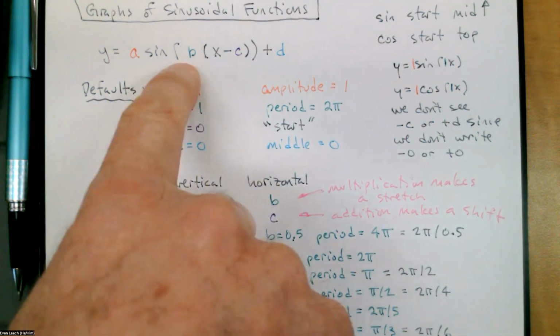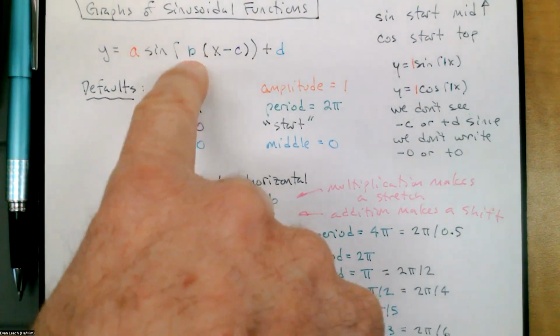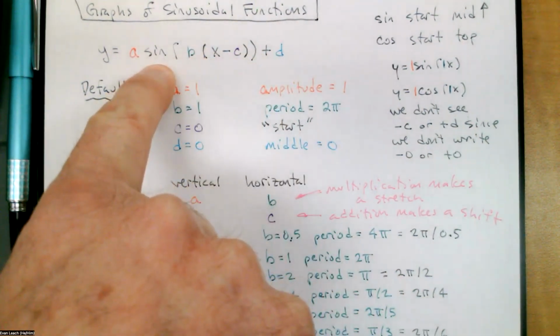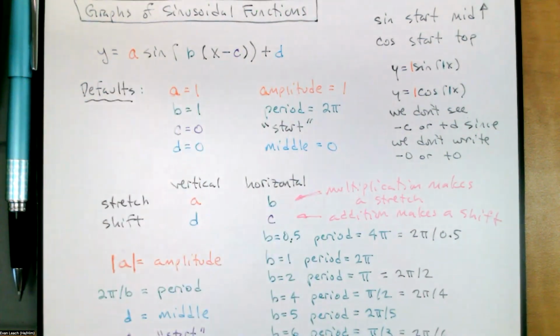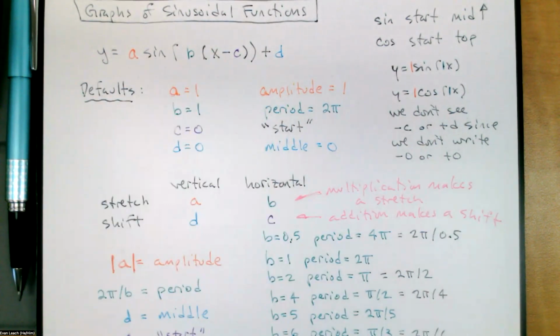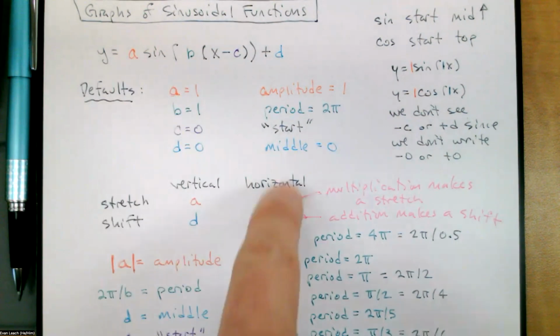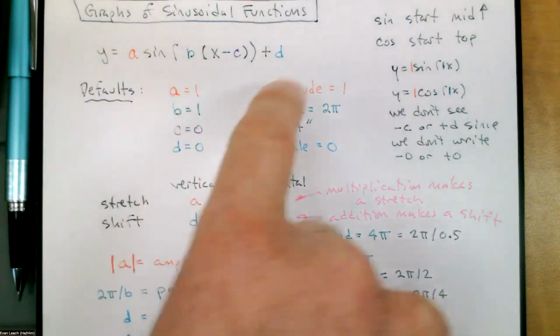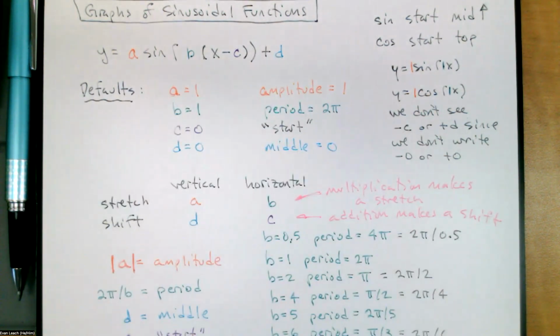Notice that B and C are operations of multiplication and addition that happen before we look at the sine. If we think of the order of operations about what happens to X, first we subtract C, then we multiply by B. Now we're at the sine. Stuff that happens before sine has a horizontal effect. Stuff that happens after sine, multiplying by A and adding D, has a vertical effect.